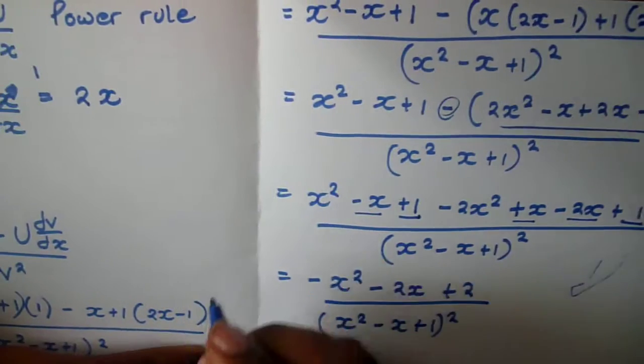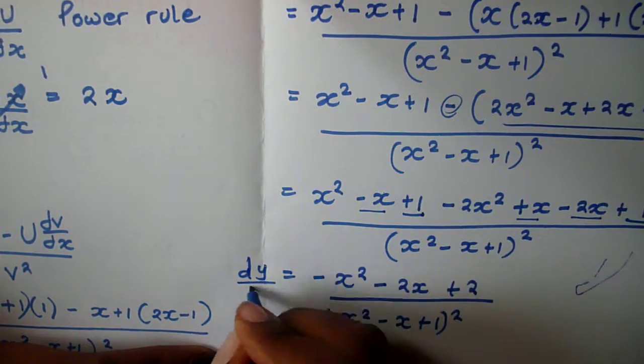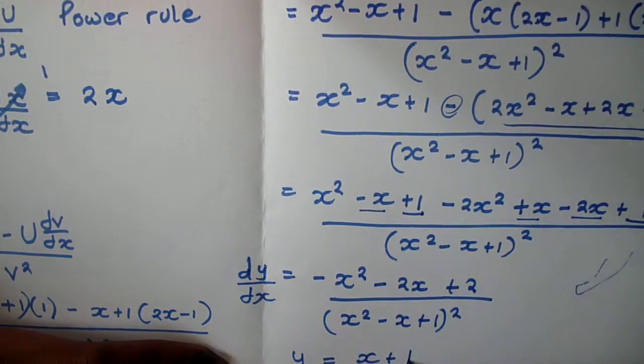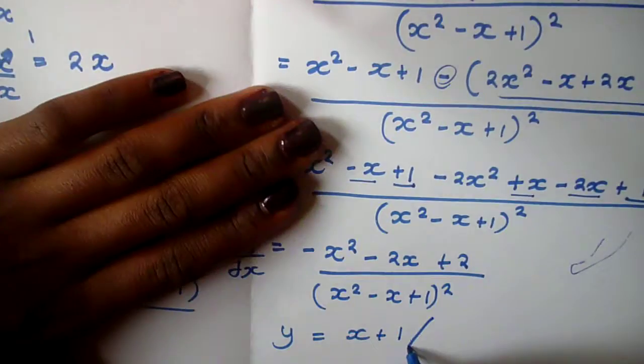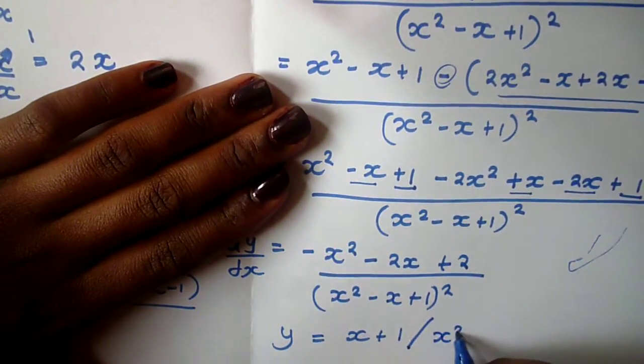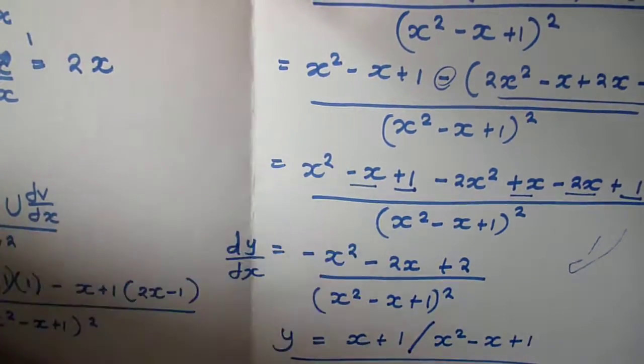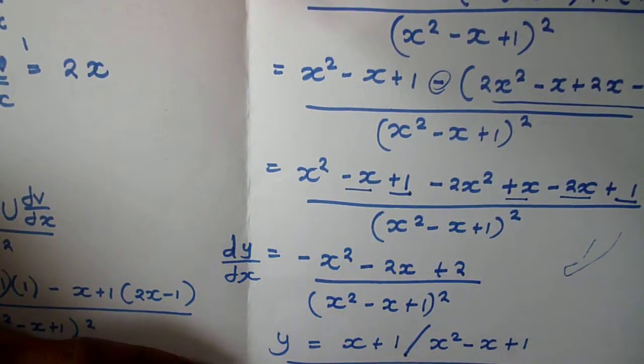And this is actually the derivative of y with respect to dx, whereby our y was equal to x plus 1 all over x squared minus x plus 1. So that's how you do the derivative for such functions.